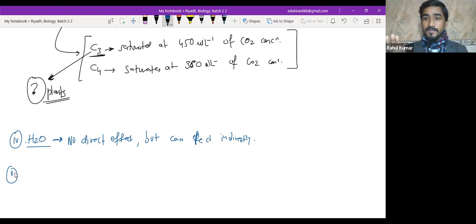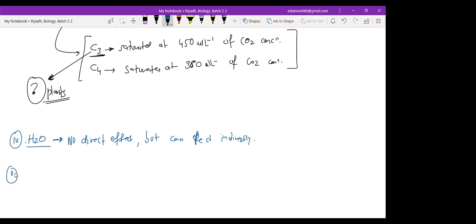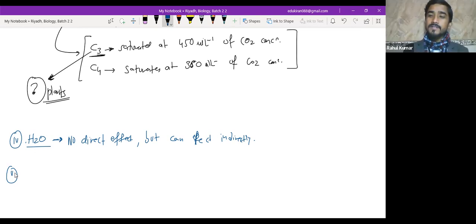Photorespiration, not respiration. If you write the word respiration, the teacher will give you a big 0. I told you that respiration and photorespiration are two different things. Respiration is good for the cell, it has to happen, but if there is more oxygen in the photosystems, then photorespiration will start in C3 plants. So more oxygen will lead to reduced photosynthesis in C3 plants.